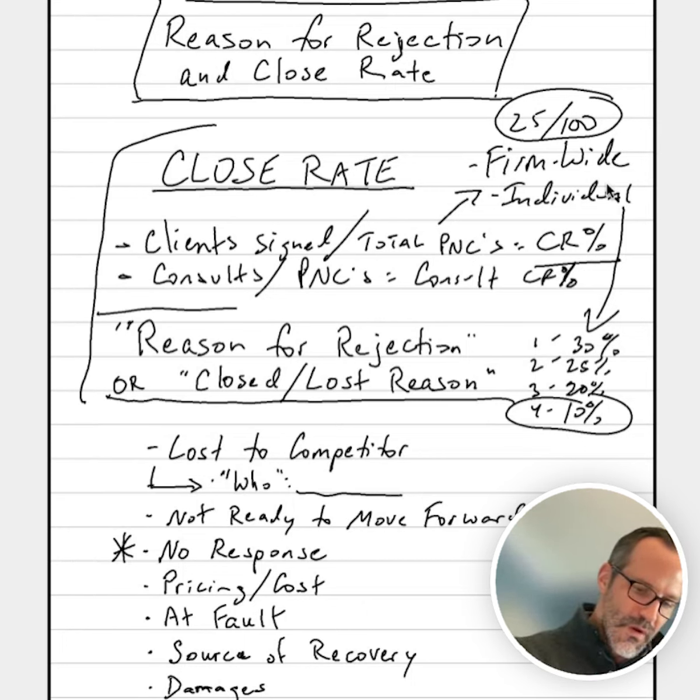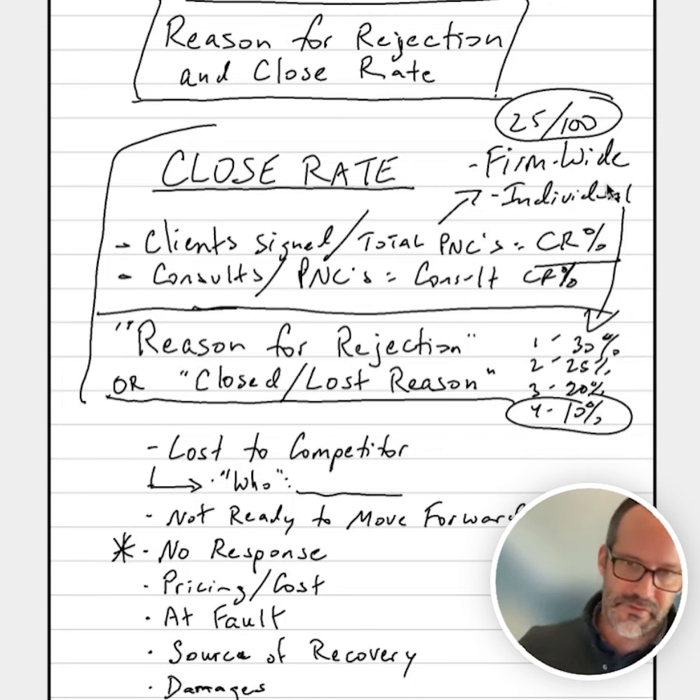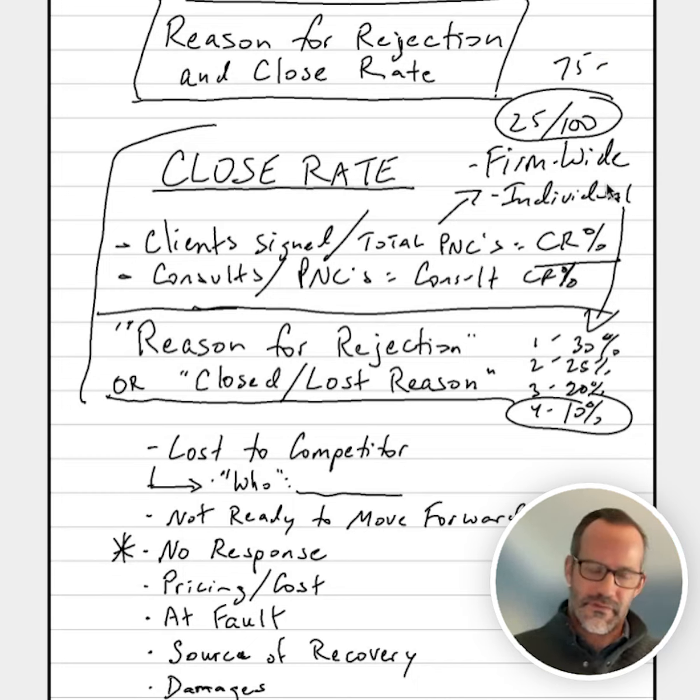Now, when we look at, let's say those 75 up here, you've got 75 potential clients that didn't sign with you for whatever reason. There's multiple reasons. The important thing is starting to outline those reasons. What's important to your firm? Again, this depends on the type of firm you have. Personal injury, you're going to have other reasons that you reject a potential client compared to, say, a bankruptcy or family law firm.